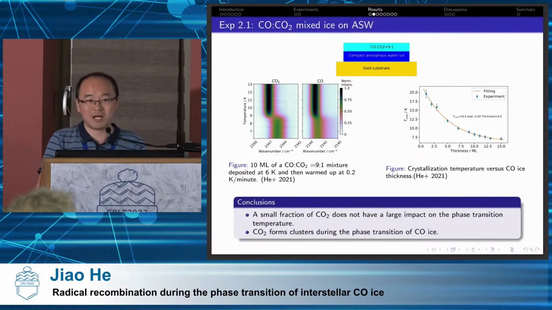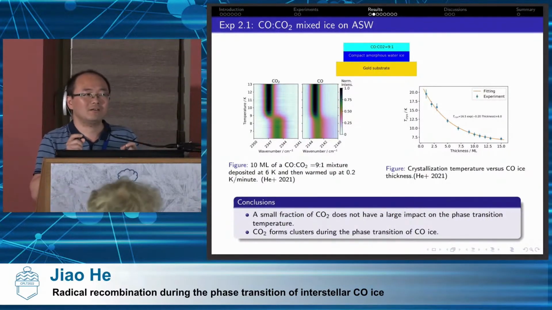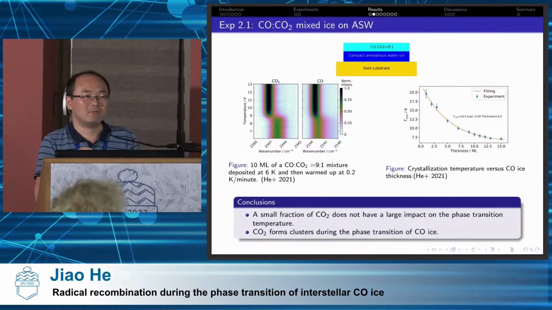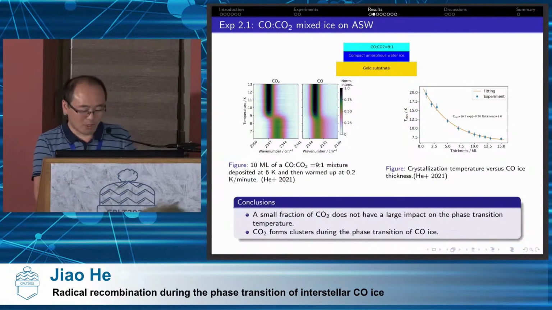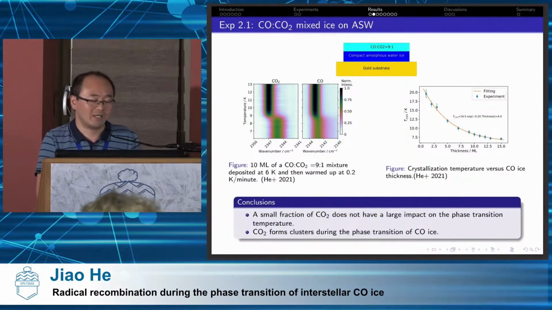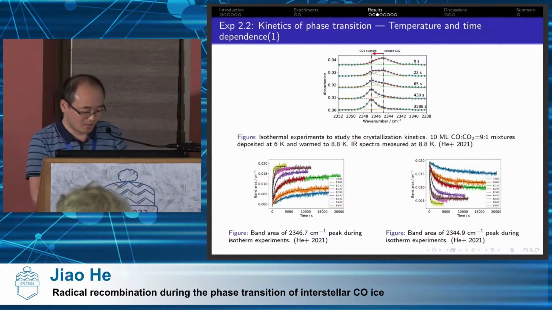Then the next question is, what if the impurity in the CO matrix is not CO2, but some reactive species? They should also form clusters, and then react with each other. This is what we try to verify in the third set of experiments.